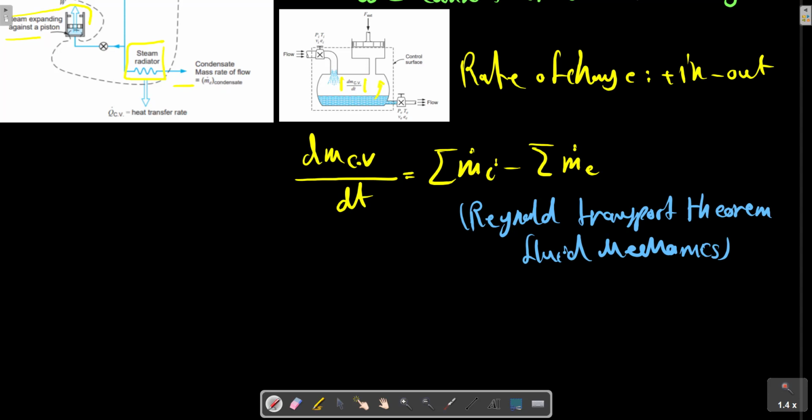It states that if the mass inside the control volume changes with time, it is because we add some mass or take some mass out. There are no other means by which the mass inside the control volume could change. This equation expressing the conservation of mass is commonly termed the continuity equation. So, conservation of mass, or continuity equation.